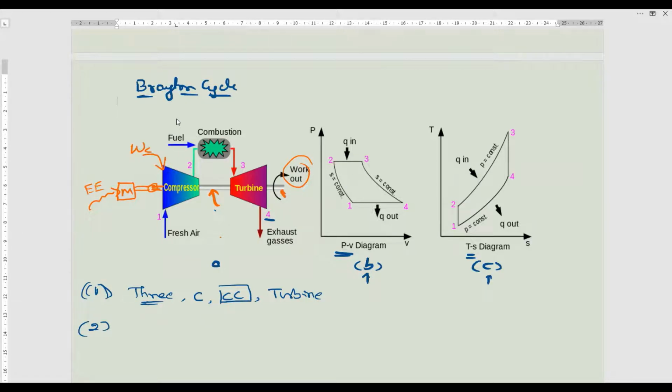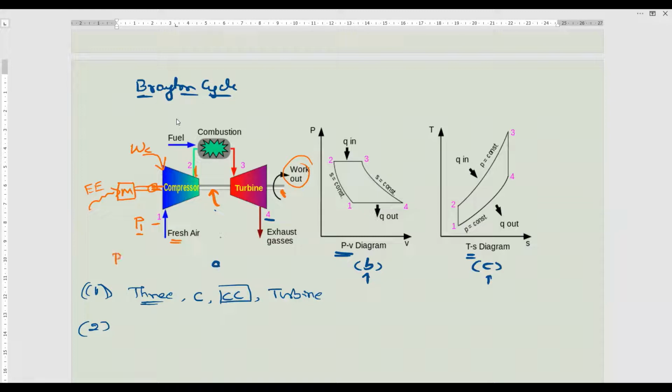Once the compressor starts functioning, it sucks atmospheric air at pressure P1. P1 is the pressure of the fresh air, atmospheric air, at the inlet of the compressor. The compressor increases the pressure from P1 to P2. At the outlet of the compressor, the pressure is P2.